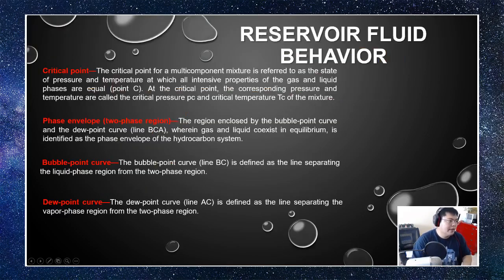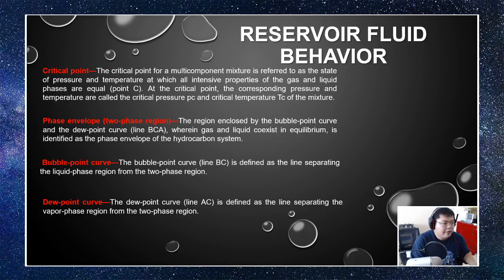Going back. So, one thing that you need to know is that phase diagrams define the reservoir through pressure and temperature. And in this diagram, there are other points that you need to consider.